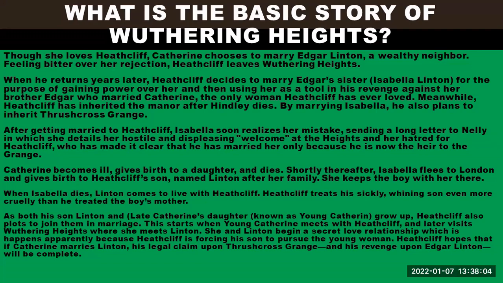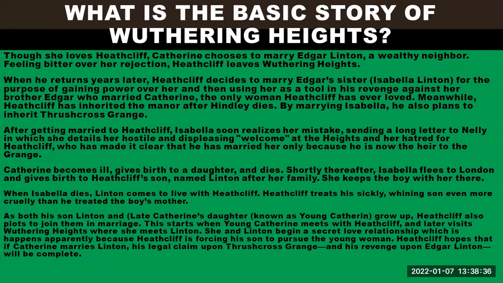He wants these two young people to get married, and this actually begins to happen when young Catherine meets Heathcliff and later visits Wuthering Heights, where she meets Linton. So both Catherine and Linton begin a secret love relationship, which happens apparently because Heathcliff is forcing his son to pursue the young woman.